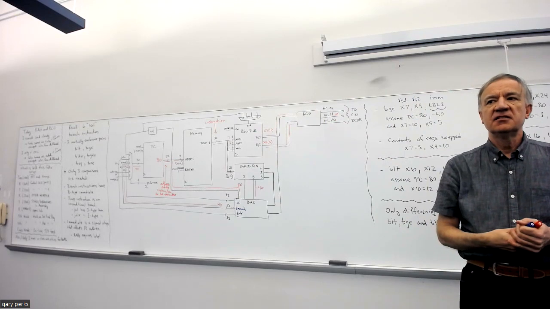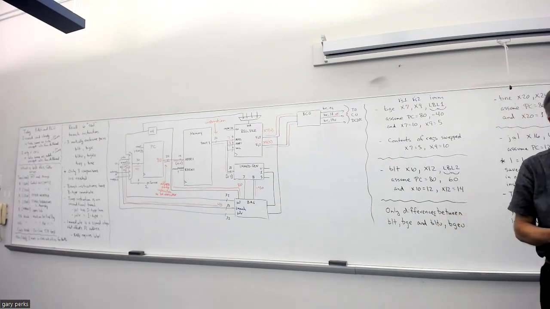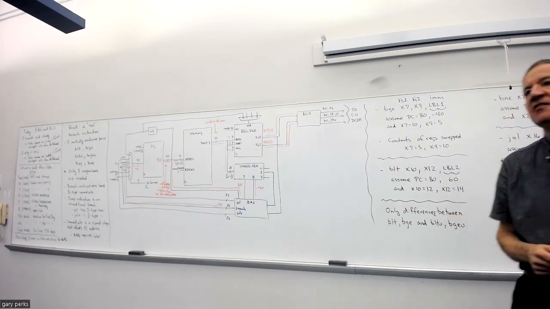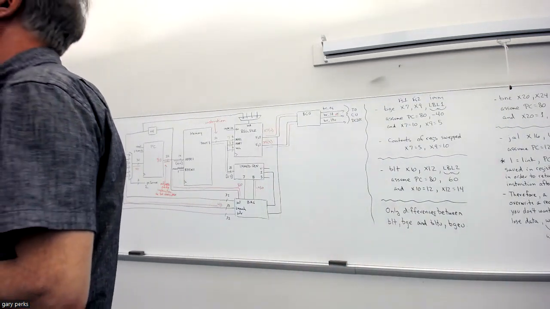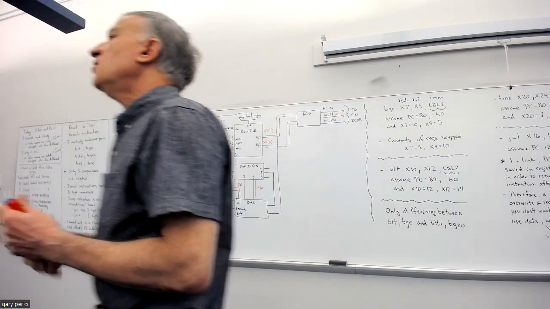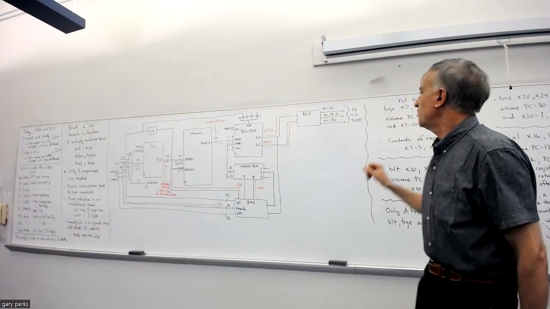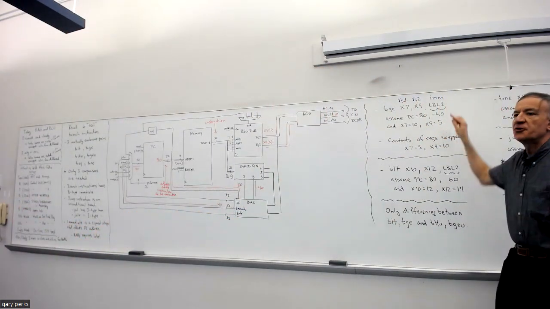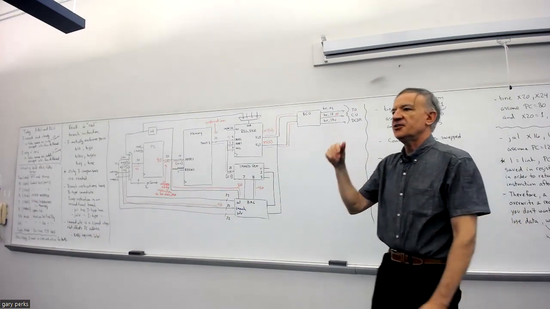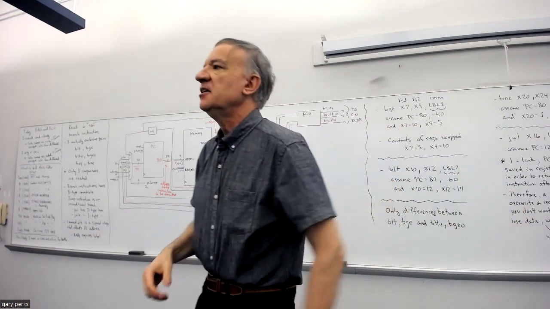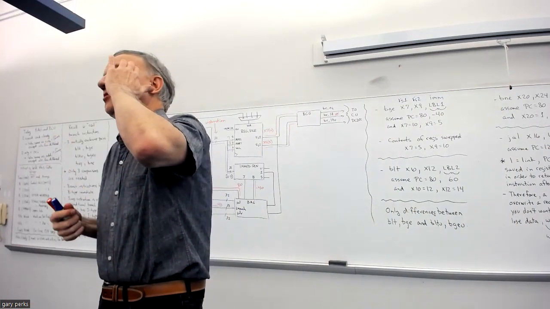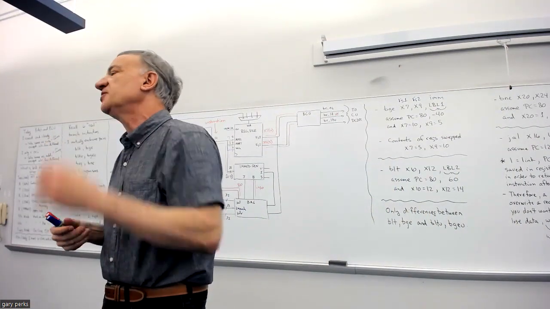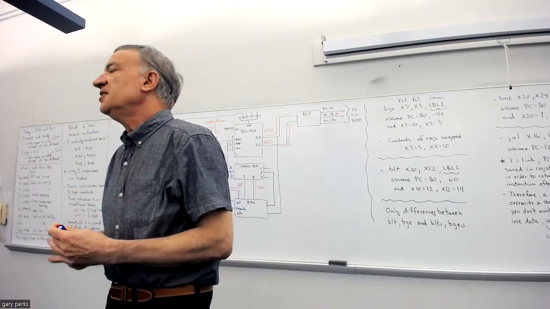Okay, any other questions? Could we hard code it, instead of putting in a label, just put a number? Well, not in RARS. If you put a number in RARS, it will come back with an error. You have to use labels. Now, there may be another simulator for assembly language that allows you to put the numbers there.